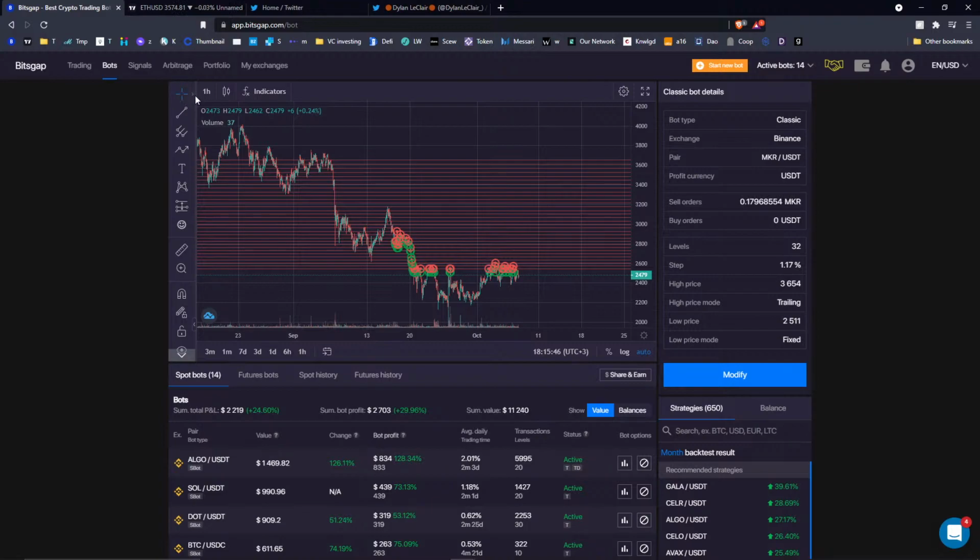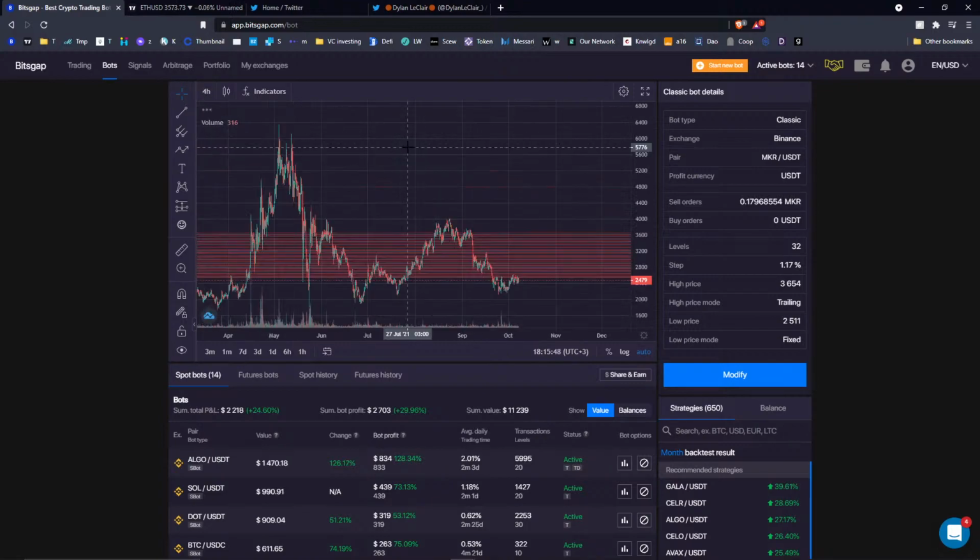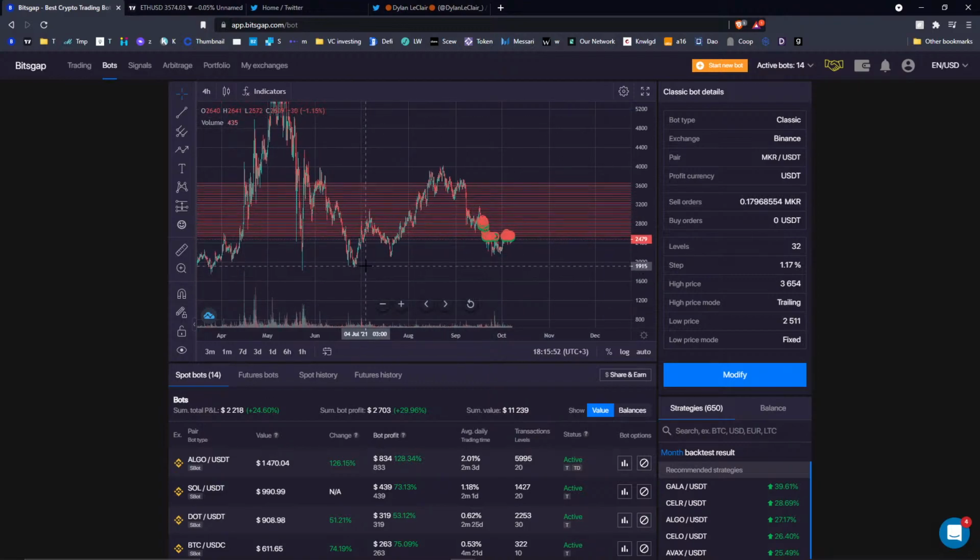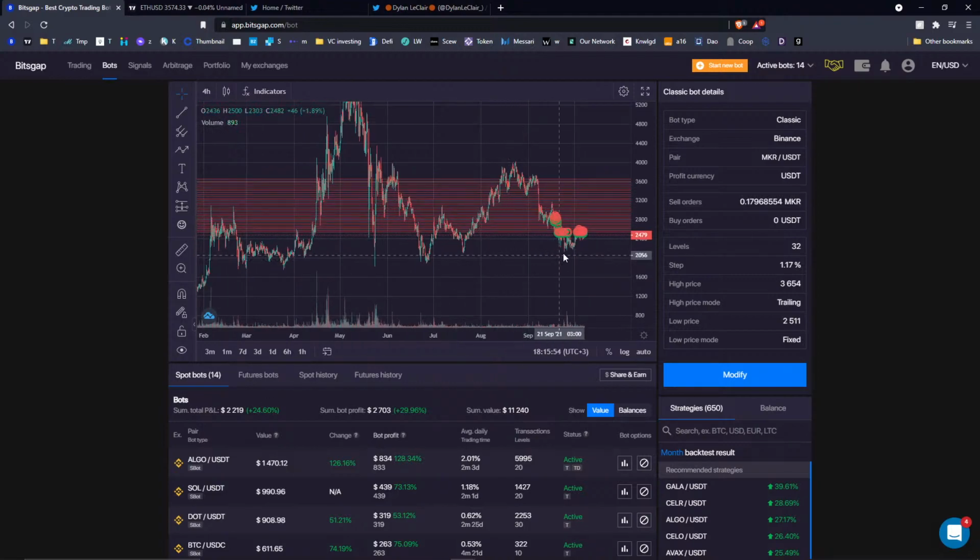And actually, if you zoom out the chart a bit, you would see that it really makes sense to extend my trading range down to the price of around $2,100, because we saw multiple times how the price has bounced off this support line.